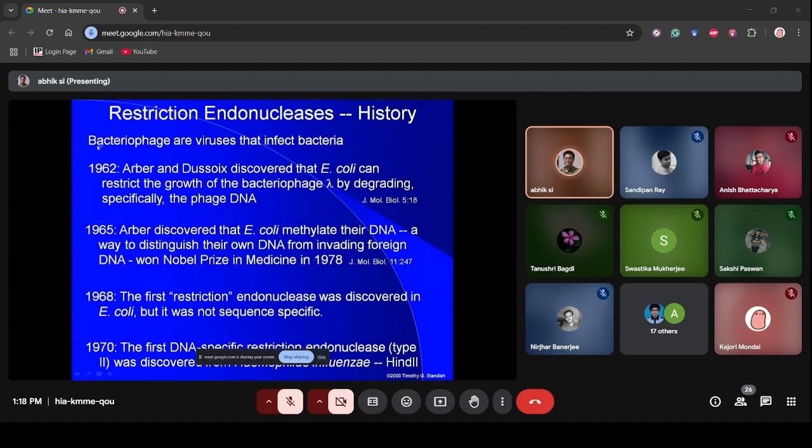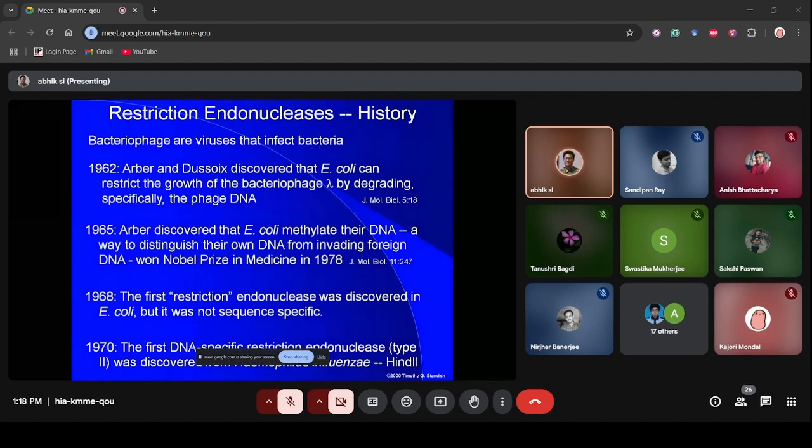Actually, a bacteriophage generally does not enter inside the bacteria. Rather, it first attaches to the bacteria, then injects its genetic material, the DNA and sometimes RNA, which takes control of the host cell.